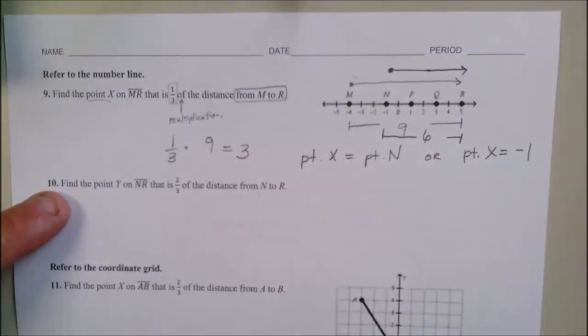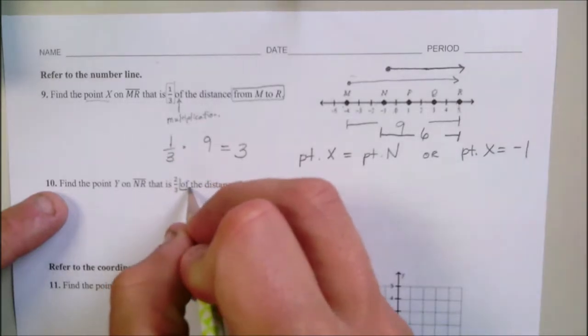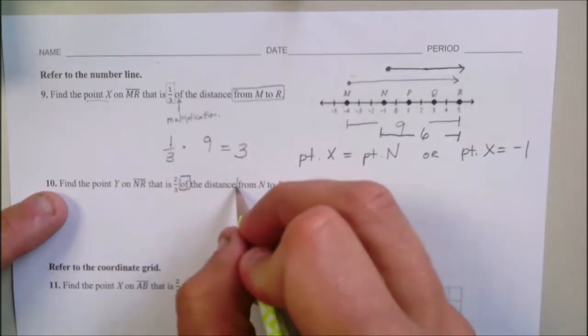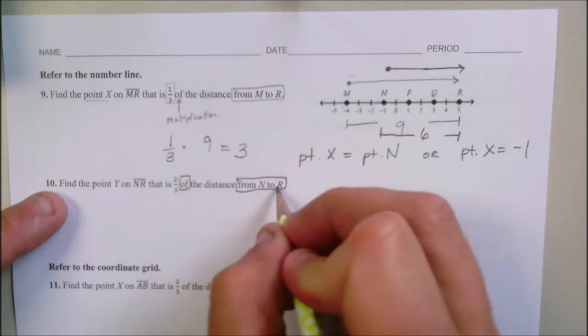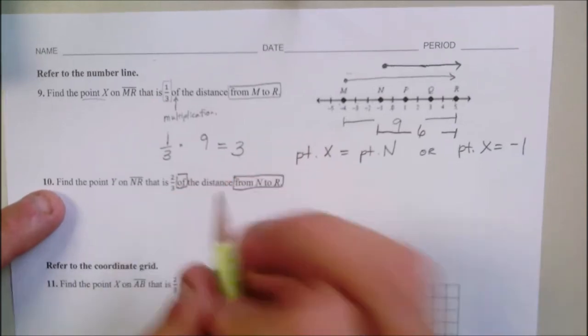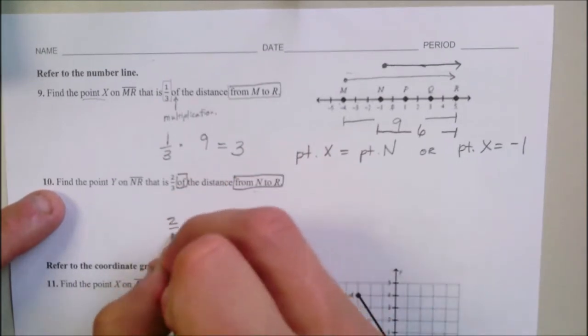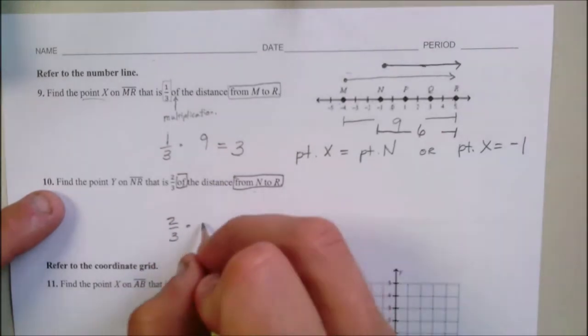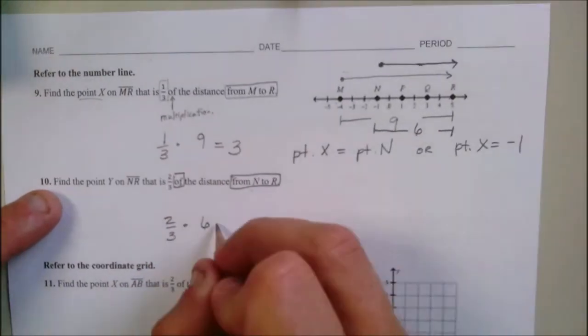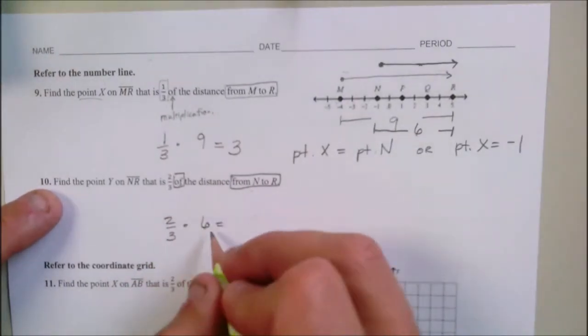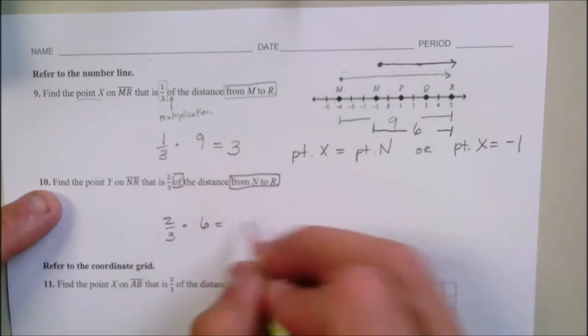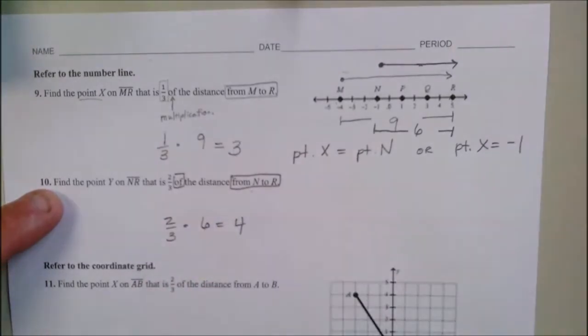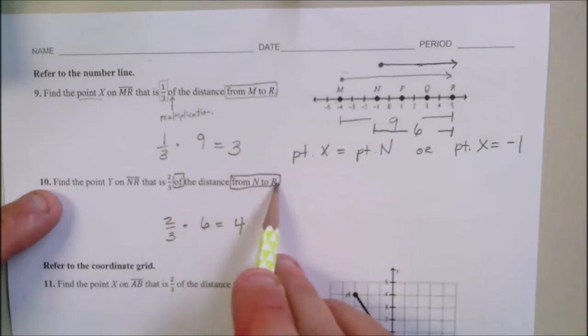And we want 2/3 of that distance. This tells me the direction, and this tells me what I'm going to do. So I'm going to do 2/3 of that distance. Well, 3 goes into 6 twice, and 2 times 2 is 4, so I have to go 4 units from N to R.